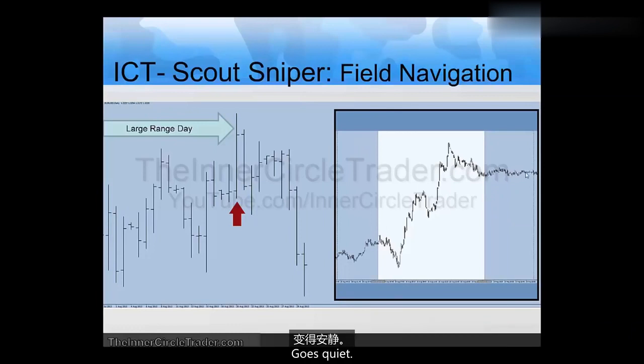Then the market essentially goes quiet going into the new day. Now, what is so special about the midnight time frame in New York? Well, the North American continent doesn't consider the new day like the FX market generally does, with Wellington being the start of a new day. I don't consider that a new day.